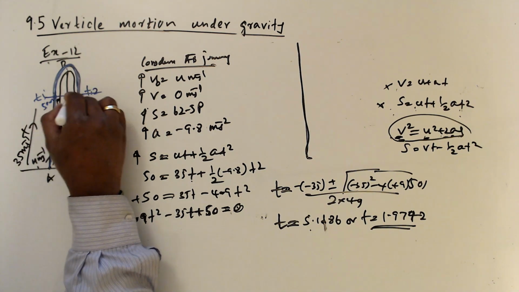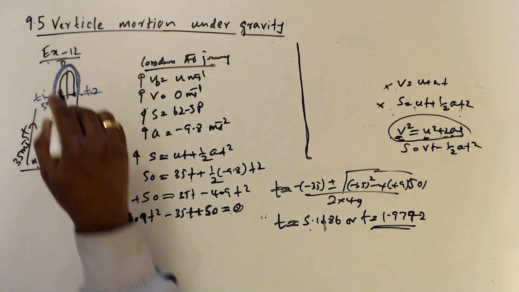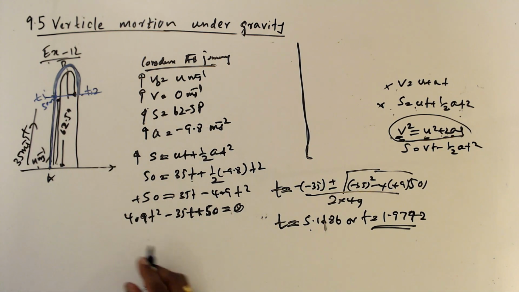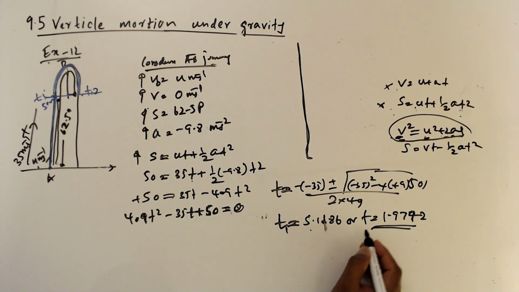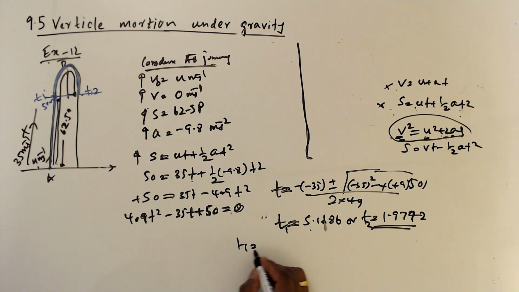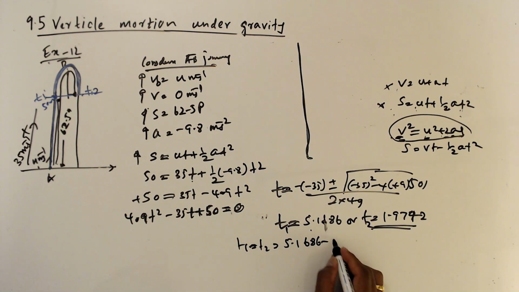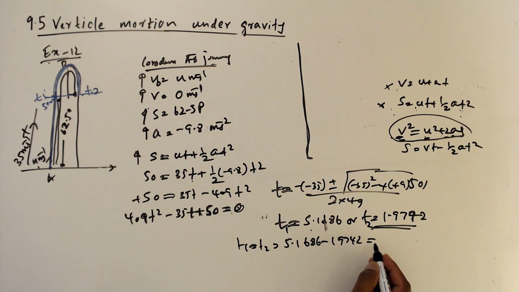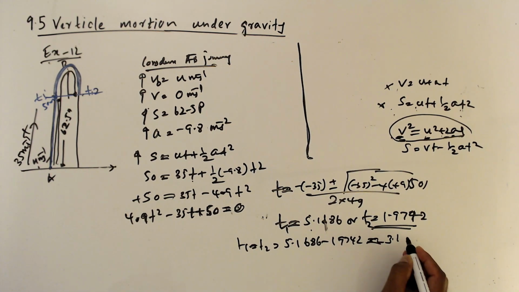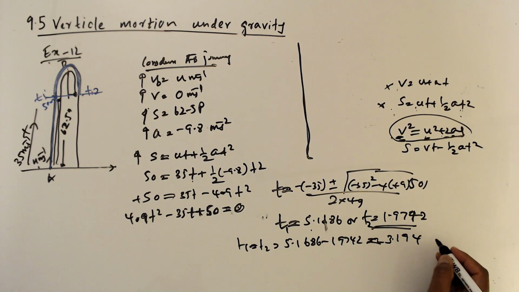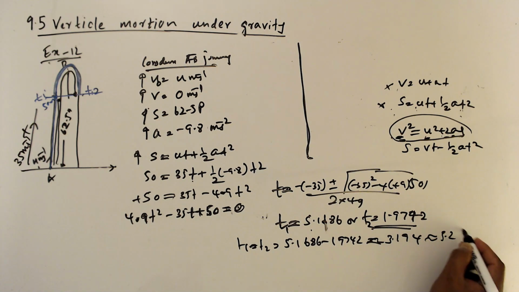When you take this difference, it is the time that the particle stays above the 50-meter level. So let's say this is T1 and T2. T2 minus T1 equals 5.1686 minus 1.9742. This value will give 3.194, approximately. To 2 significant figures, it is going to be 3.2.